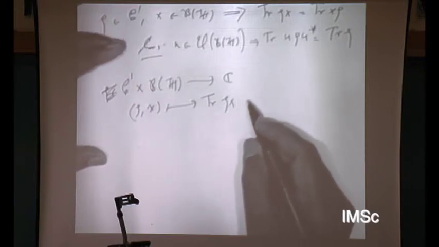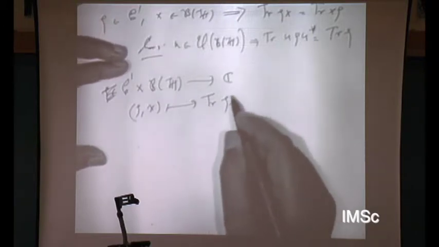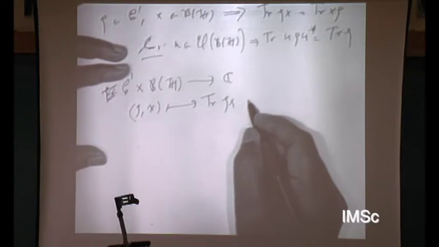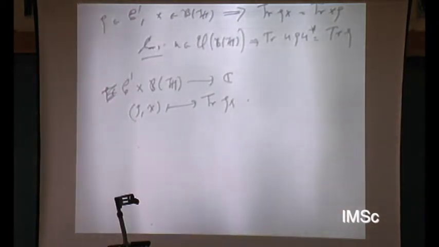Did I prove that if you take the trace of a trace class operator, you take the sum of the diagonal entries with respect to any orthonormal basis, and you will get the same thing?